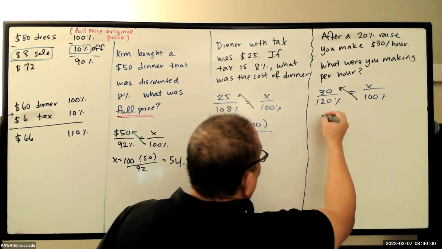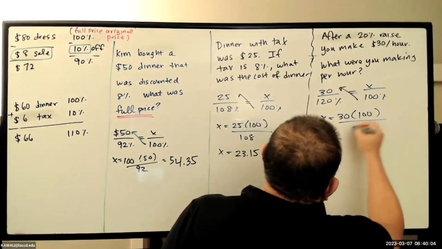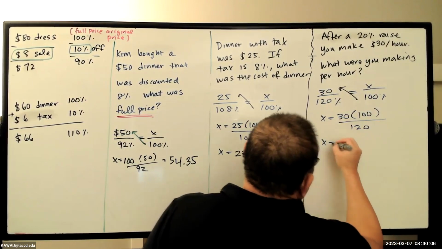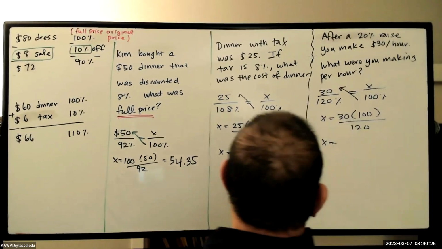So we get X is equal to 30 times 100 divided by 120. It's equal to 25.